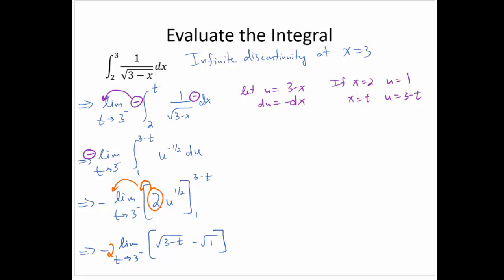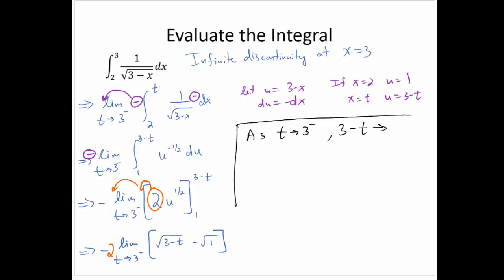All right, so now let's do a little side work here. As t approaches 3 on the left, 3 minus t, well, what happened to 3 minus t?